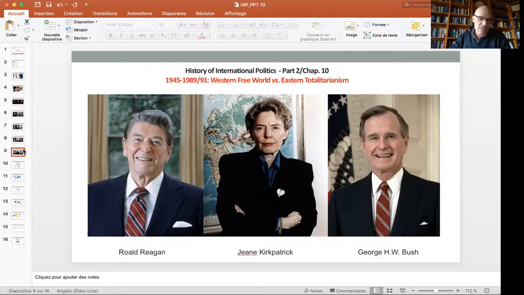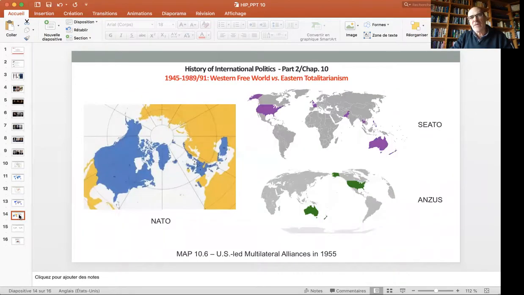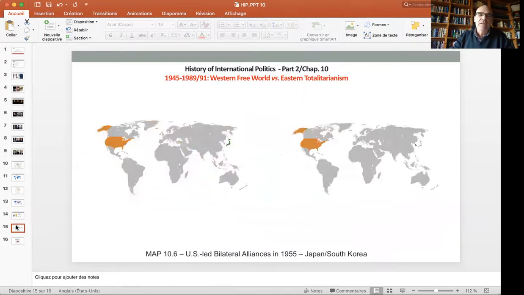That said, and this is important, and this comes close to Adam Watson's analysis, the multiplication of American interventions and the multiplication of American-led alliances against the Soviets, the alliances created in the immediate aftermath of World War II, the North Atlantic Treaty Organization, the Australia-New Zealand-US Pact, the Southeast Asia Treaty Organization, and the bilateral military alliances with South Korea and Japan, remained essentially defensive.